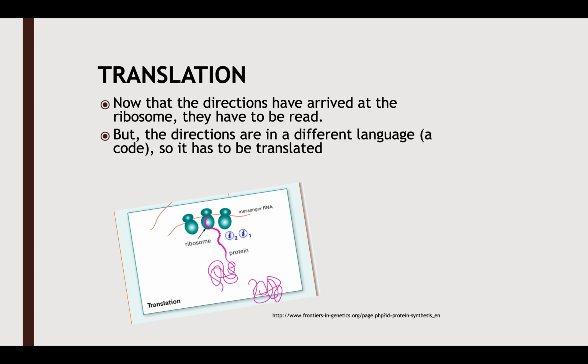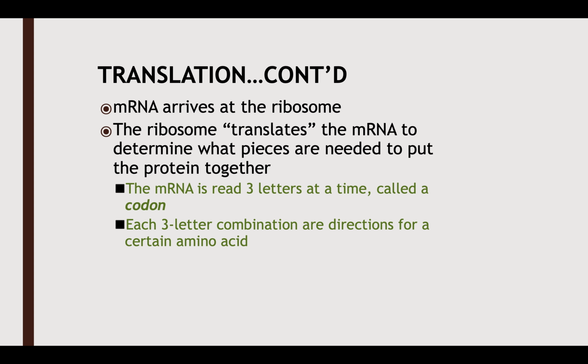So it took scientists quite a long time to figure out how your body was reading the A's, the U's, the C's, and the G's. Watch carefully what your body does. When mRNA arrives at the ribosome, it translates the messenger RNA to figure out what pieces it needs to put the protein together.